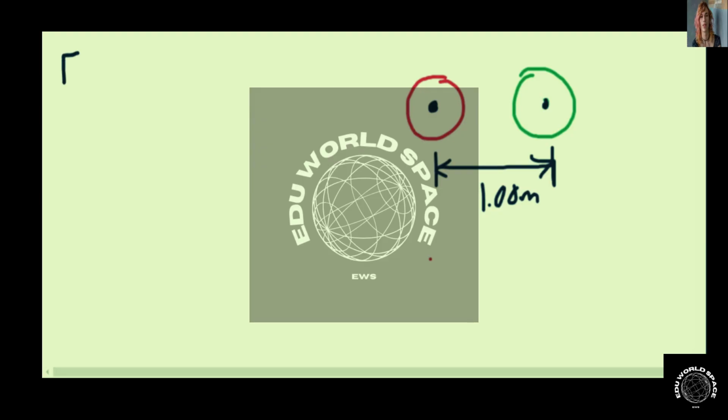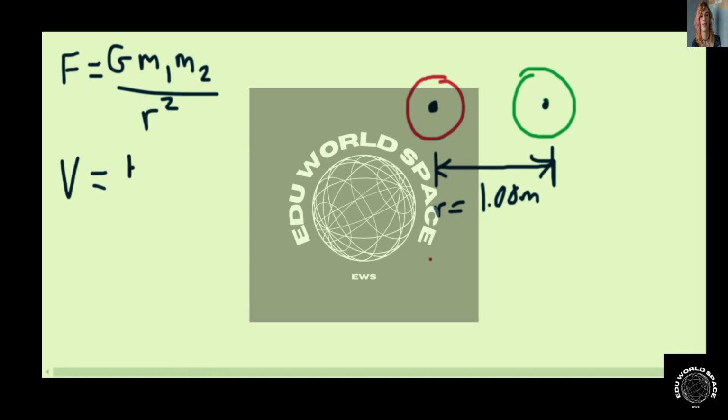So force equals, I'm just going to write the generic equation, G m1 m2 over r squared, but we know r is 1. Well, the volume of a sphere is 4/3 pi r cubed.